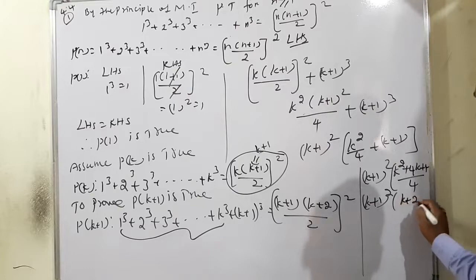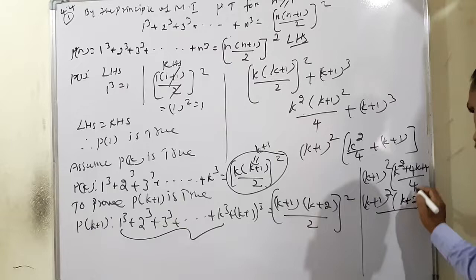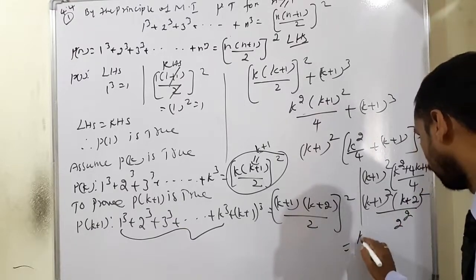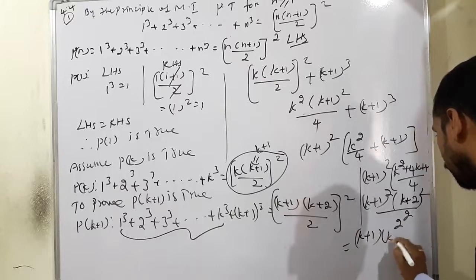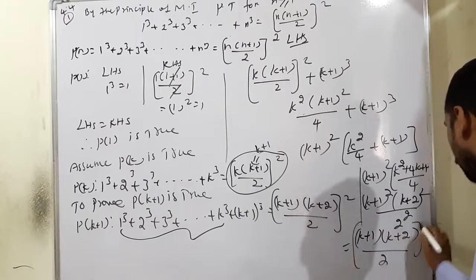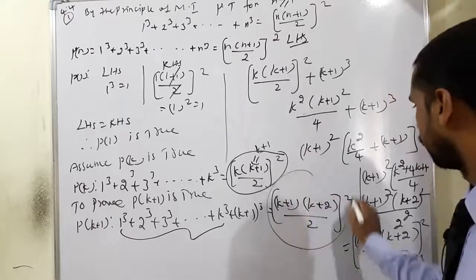So we can write (k plus 1) the whole square into (k plus 2) the whole square divided by 4, and 4 we can write as 2 square. This whole term can be written as (k plus 1) into (k plus 2) divided by 2, the whole square. This is nothing but RHS. Check it there, this is our RHS term.